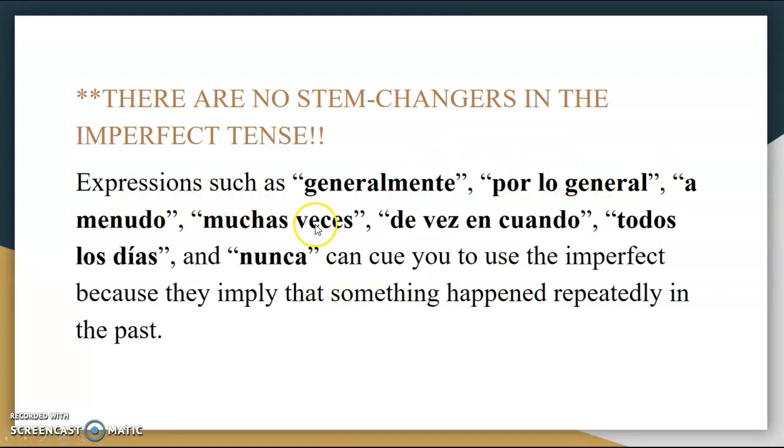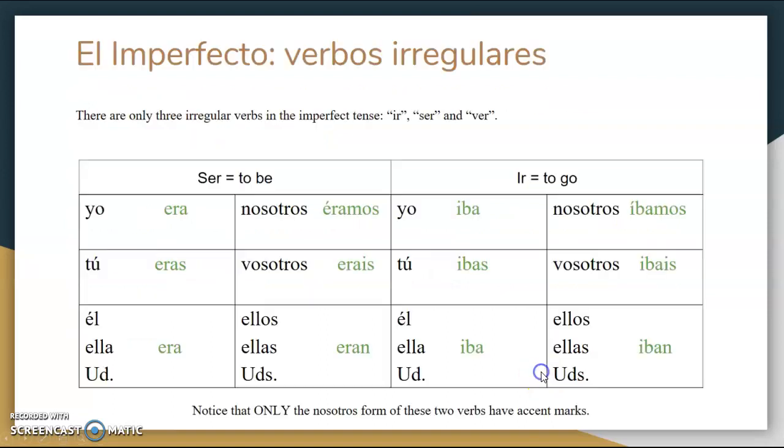Muchas veces means many times. De vez en cuando is once in a while. Todos los días, every day, and nunca means never. So basically the imperfect is something that happened over and over again, and as these expressions allude to something happening more than once, you would use the imperfect after you saw one of these expressions.